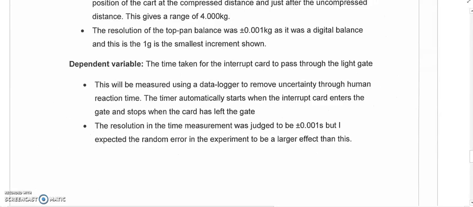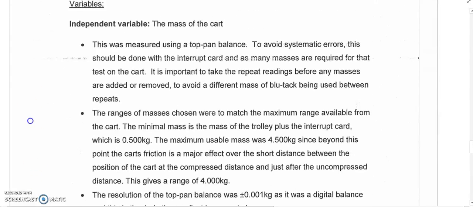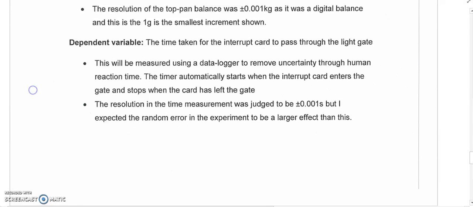The dependent variable. Now we do exactly the same thing as we did for this, but with the dependent variable. You tell me what it is you're going to be measuring, you tell me how you're going to measure that, and how you reduce any errors. So the nice thing about, in this case, a data logger is it reduces the uncertainty due to human reaction time. In fact, it removes it.